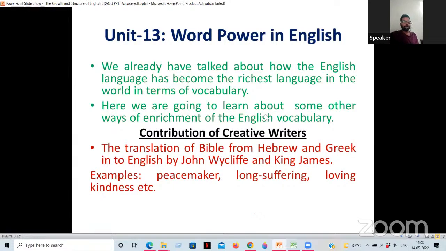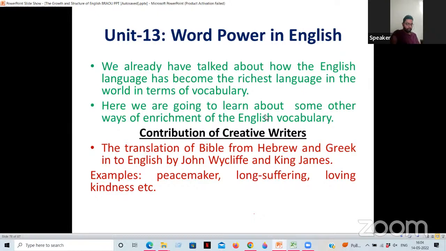So the first thing that comes to our mind, talking about the English language, is Beowulf, one of the greatest epics of the Anglo-Saxon period. But that was written in the language of the Old English period, so it did not influence so much, because it was written in the Germanic language, the Anglo-Saxon form.